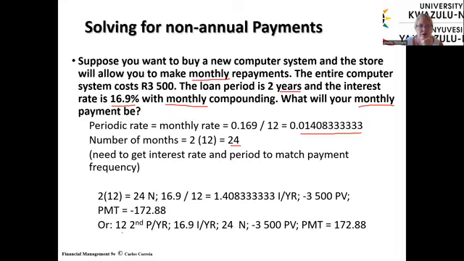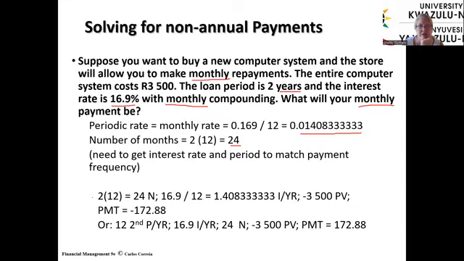Or you make your calculator divide the interest rate by 12 by entering 12 as your second function PYR setting. Then you put the annual rate, the 16.9 in as your IYR, 24 is your N, negative 3,500 as your PV, and solve for your payment. Same answer. Your preference, which way around you want to do it.